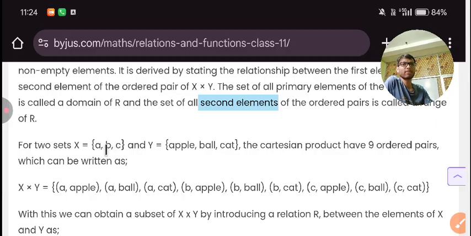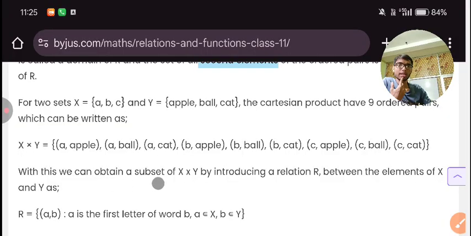So we have 3 elements here, and in this 3 elements, so 3 multiplied by 3 would give us 9 elements, which can be written as x multiplied by y. So we can write it as a Cartesian product of these sets like that: first we will take x, then we will take y, so first this, then this. (a, apple), (a, ball), (a, cat), and (b, ...) like that. You know how to do.